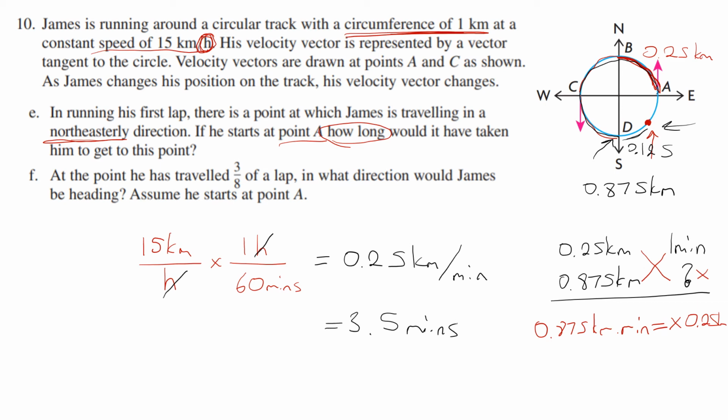Now I'm trying to find the x. So in order to isolate the x, I'm going to divide each side by 0.25. So dividing 0.875 by 0.25 will give me 3.5. And remember, when they're divided, kilometers get cancelled out, and I get 3.5 minutes. So you can do it both ways, but that's it for that question.